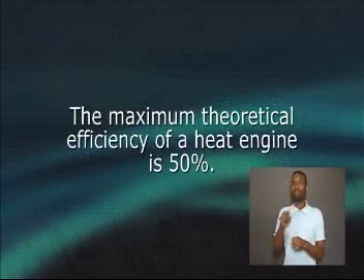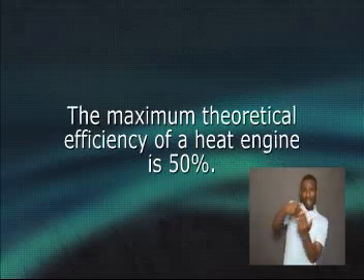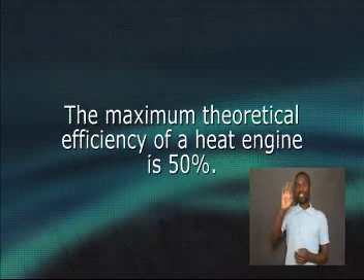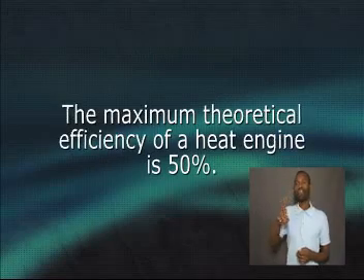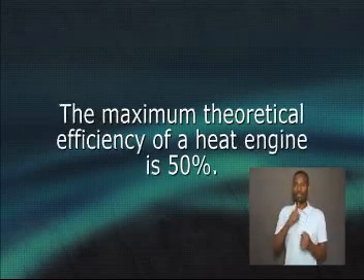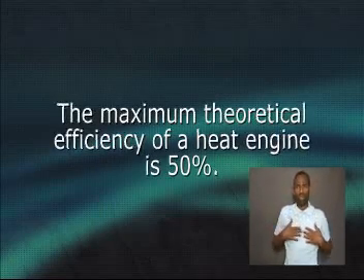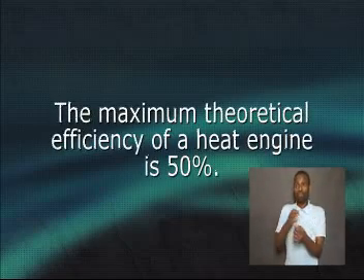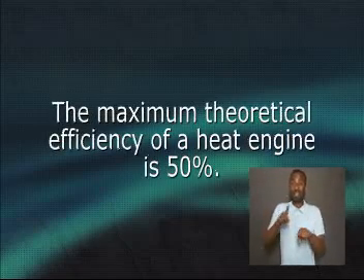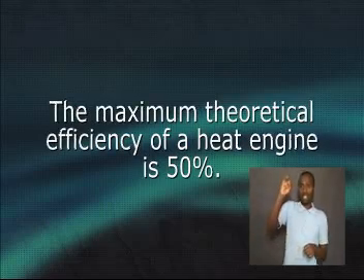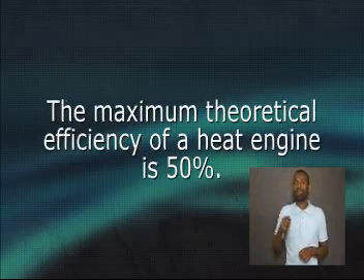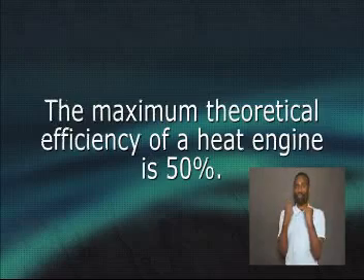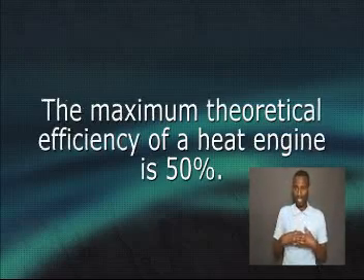This will limit the overall efficiency of a heat engine, since one body is expending heat energy at the same time the heat sink is absorbing it. The theoretical maximum efficiency of a heat engine is only 50%.